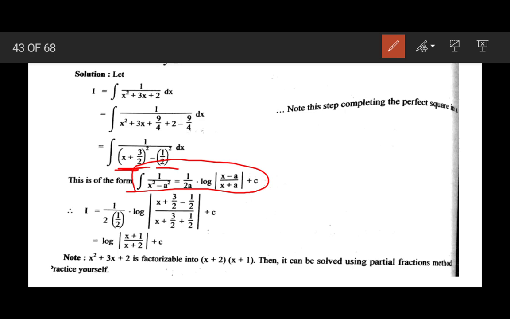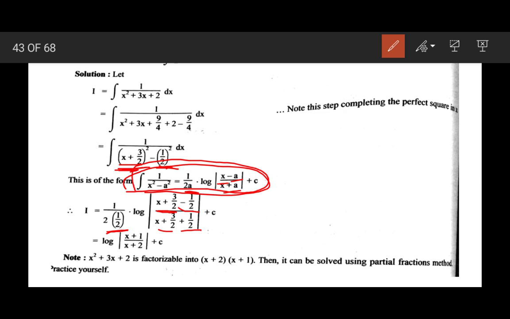By substituting in this formula, I will get 1 upon 2 into a, where a is 1 upon 2, into log of x, where instead of x I substitute x plus 3 upon 2, then minus a, where a is 1 upon 2, upon x plus a, plus c.